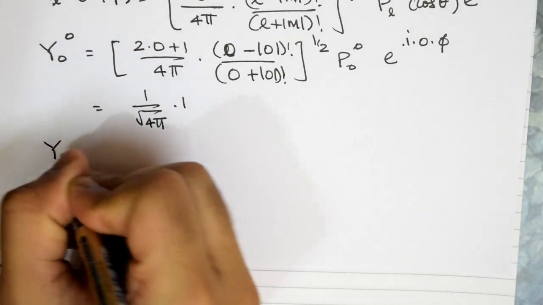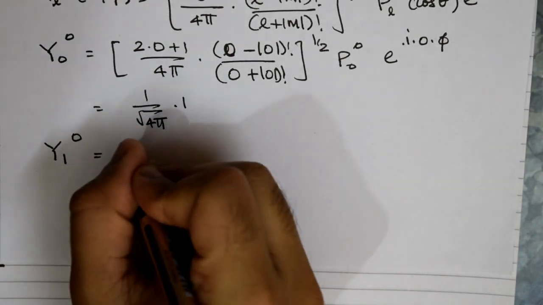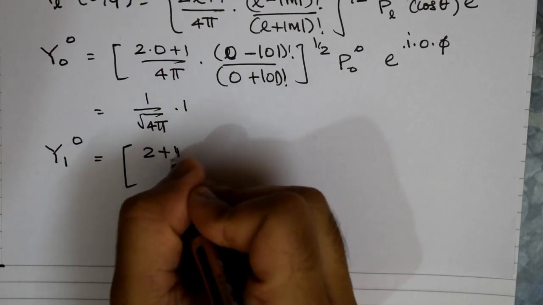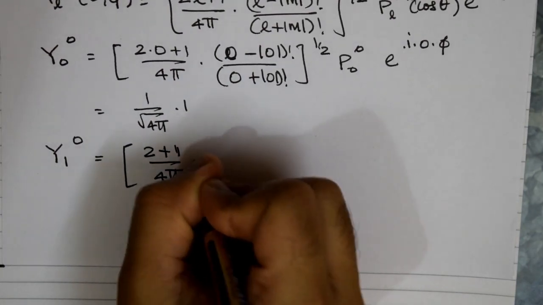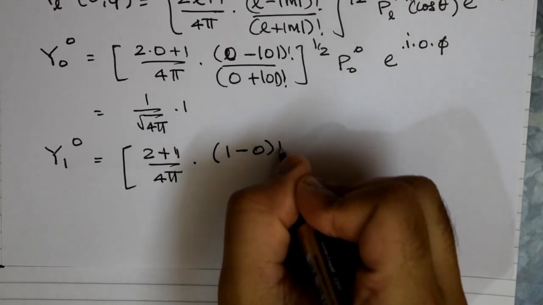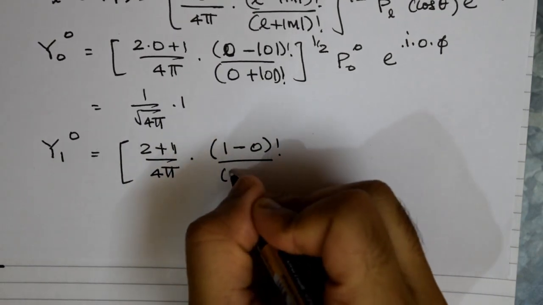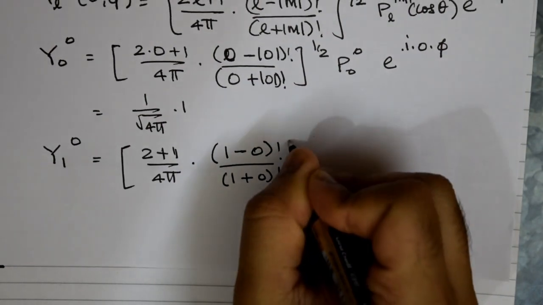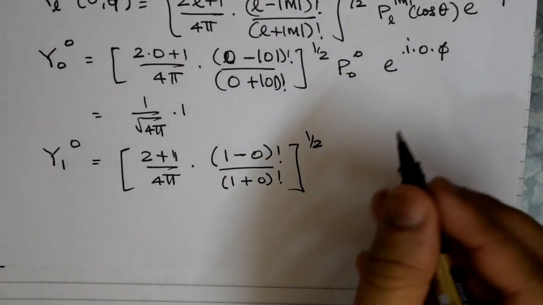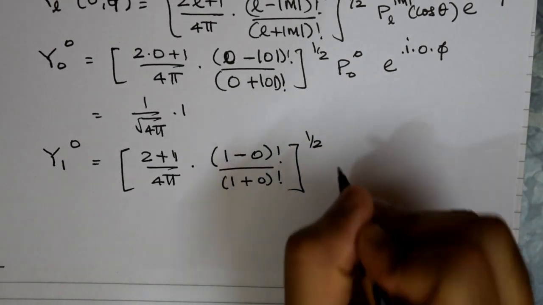Then let's take a look at what is Y1 0. That is going to be equal to (2 times 1, that is 2, plus 1) divided by 4 pi times (L minus 0 factorial) over (1 plus 0 factorial), the whole power half. I would like to remind the students that 0 factorial is indeed equal to 1.